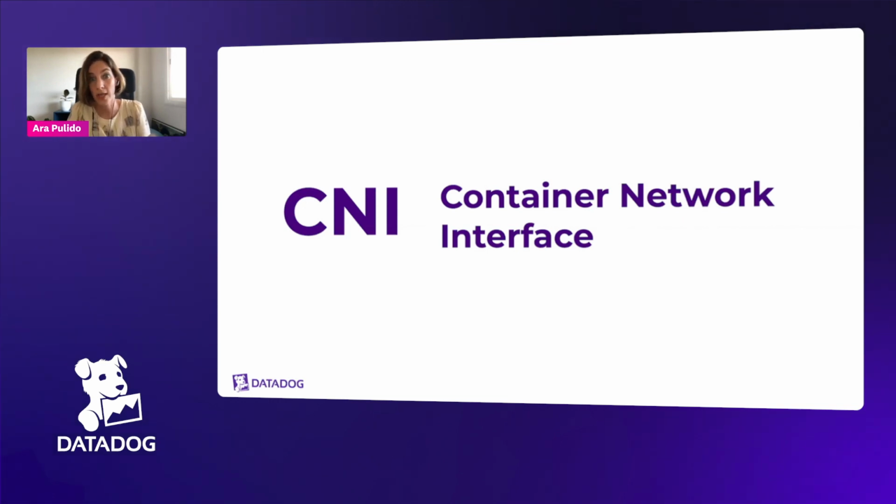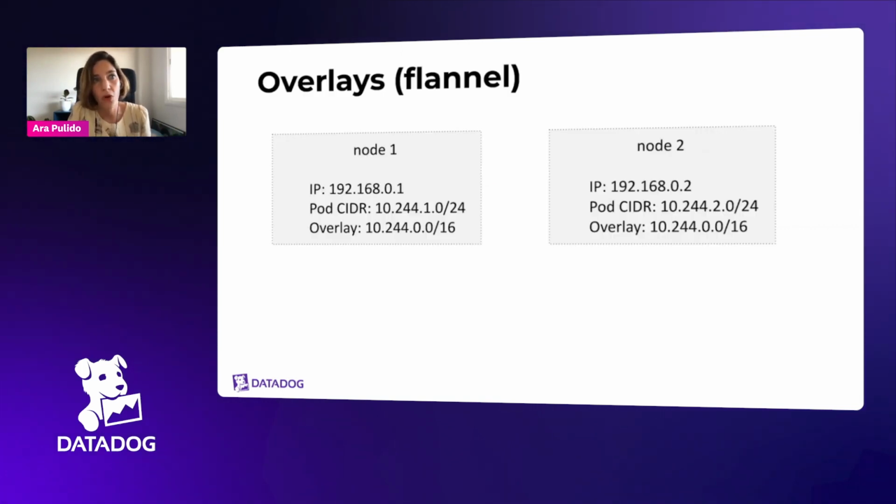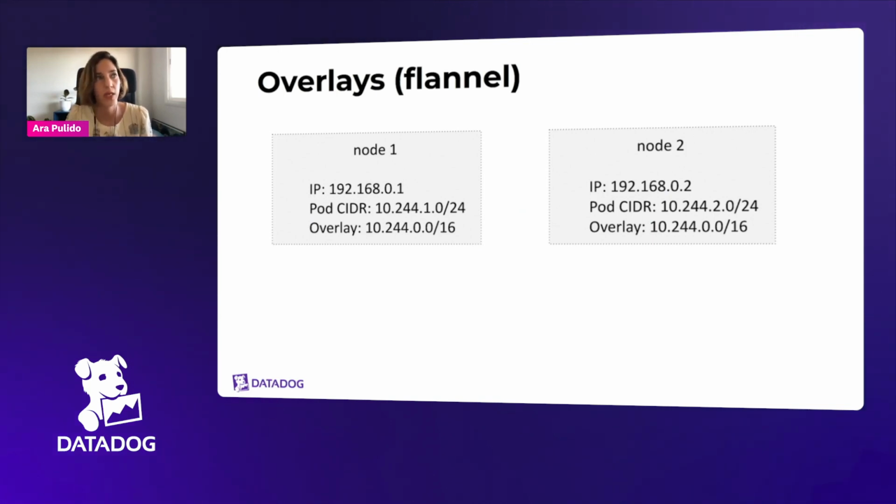So because it's a spec that basically opens the implementation to anyone, there are a lot of implementations of pod networking and CNI, and each of those work very, very differently. The most basic one, and one that usually people start with, is network overlays like Flannel.